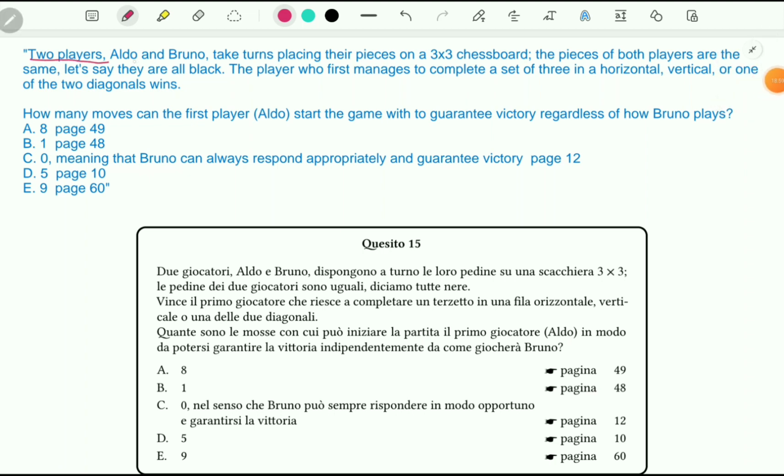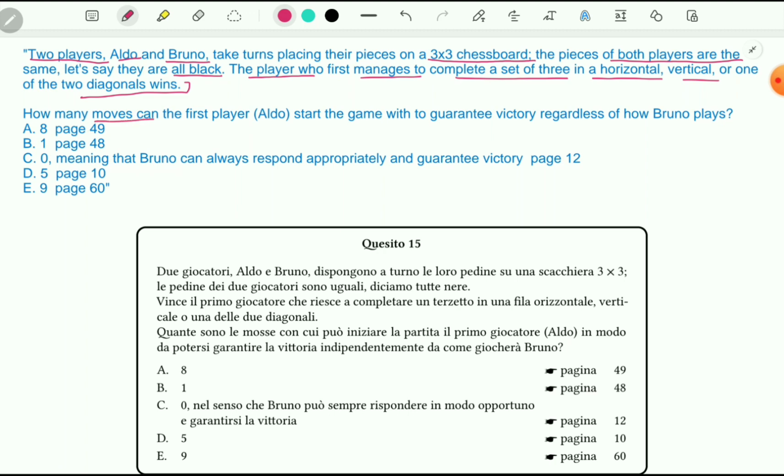Two players, Aldo and Bruno, take turns placing their pieces on a 3x3 chessboard. If the pieces of both players are the same, let's say they are all black, the player who first manages to complete a set of 3 in a horizontal, vertical, or one of the 2 diagonals wins.